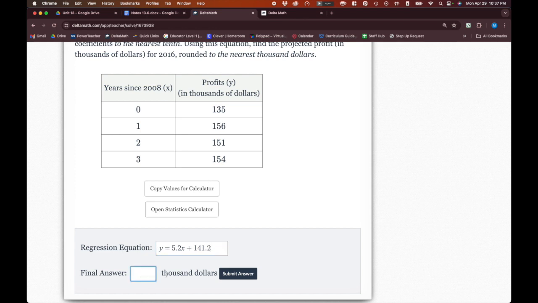Then we would use this equation to find my final answer. So I'm going to jump to my calculator, and I got 5.2 times, I think that was 2016 that they wanted, plus 141.2. And it looks like I'm getting a value here of 10,624.4.